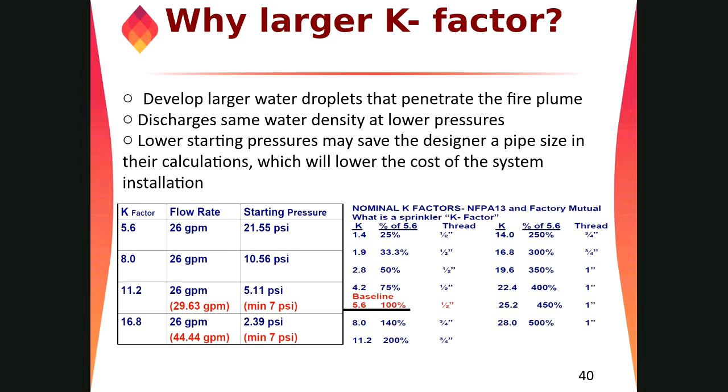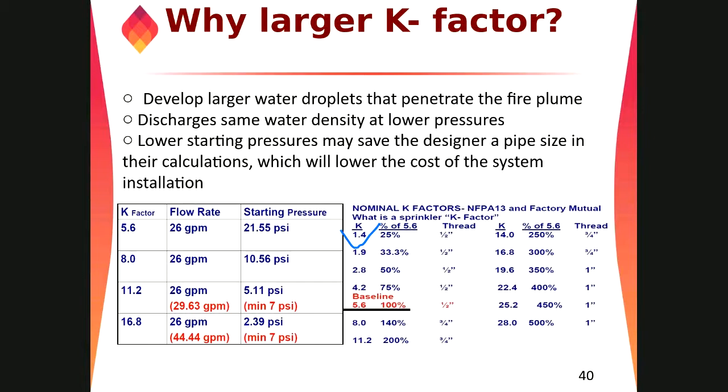Clear. Now, regarding the table at the right, you can see on the right side we have a table for the different K factors. As per NFPA 13, we have K factors starting from 1.4, 1.49, 2.8, 4.2.